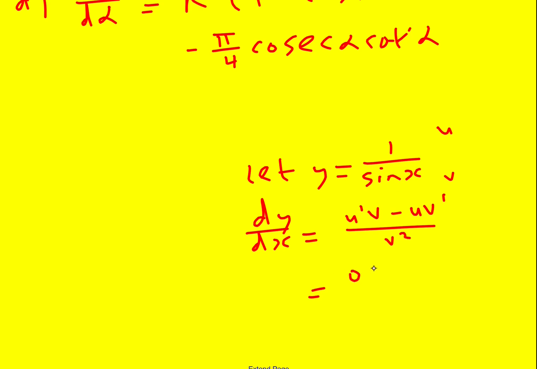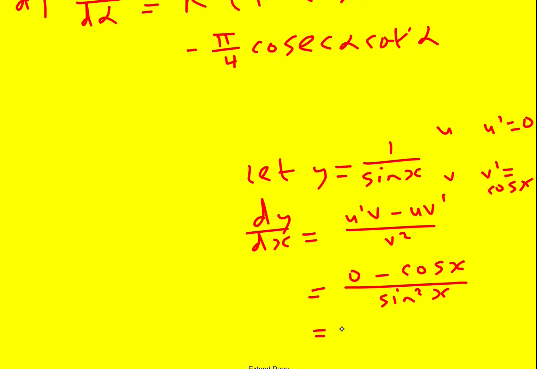So we get 0 minus 1 times cos. I haven't bothered to write down u, maybe I should. U dash is just going to be 0. V dash is cos x all over sine squared x. And that will be minus cos x over sine x, which is cot x, minus cot x. And then we got 1 over sine x in there as well.